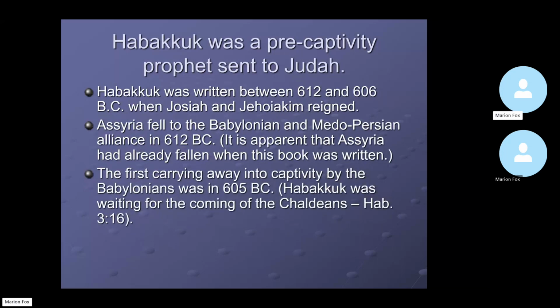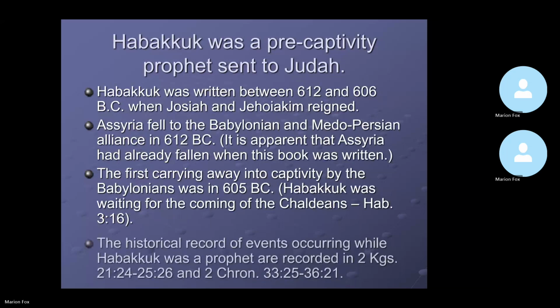The first carrying away into captivity by the Babylonians was in 605 BC. Habakkuk was waiting for the coming of the Chaldeans in Habakkuk 3:16. So it occurred in 605. I would date it between 612 and 606 because he hadn't been carried away yet.